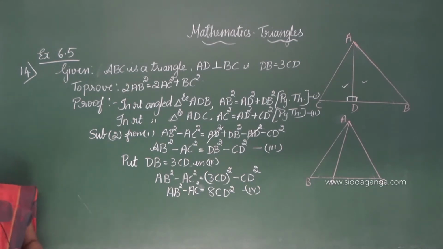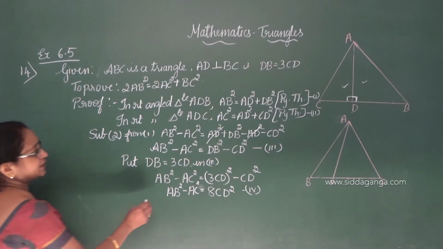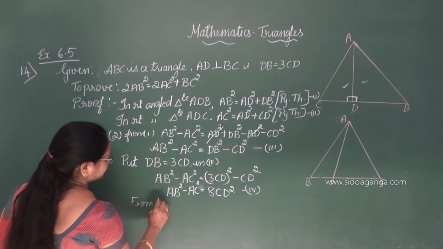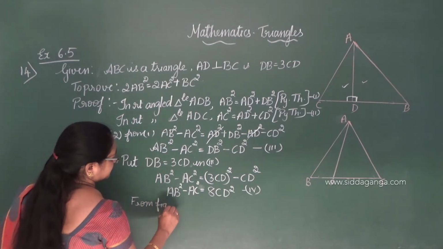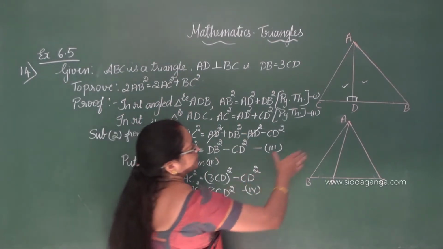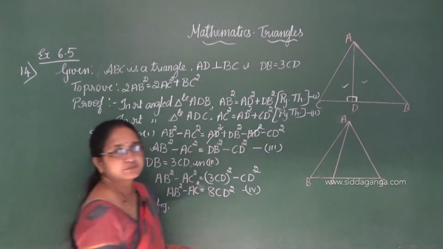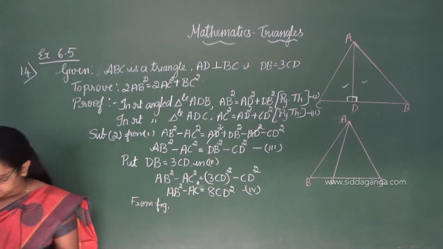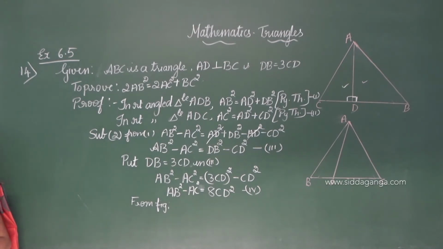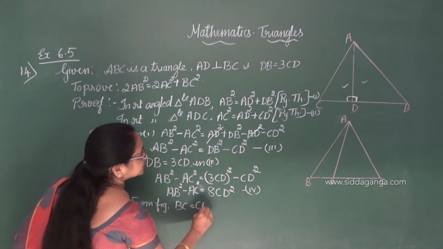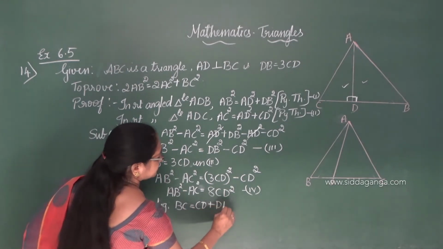Now next, again from the figure, you observe that BC is equal to CD plus DB.